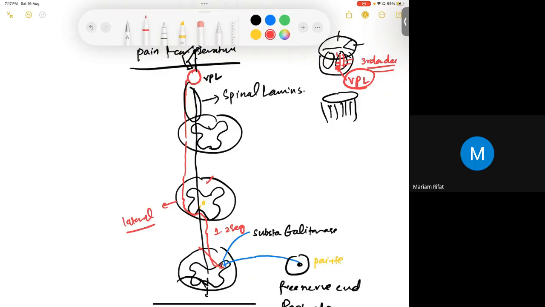So you have explained the spinothalamic pathway. The spinothalamic pathway is the sensory pathway, and it carries the pain and temperature sensations from our body, where the free nerve endings are present as well as the pain receptors, and they carry the fibers from the free nerve endings.